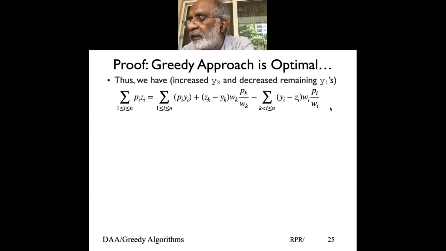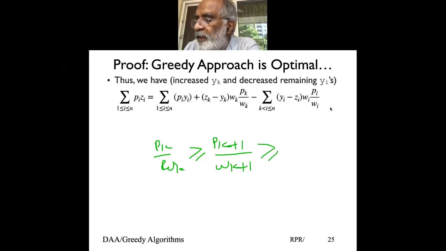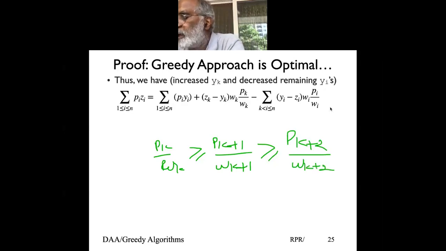Now you look at, we know that we ordered pk by wk is greater than or equal to pk plus 1 by wk plus 1, is greater than or equal to pk plus 2 upon wk plus 2, and so on and so forth. That means this quantity which is greater than k, these quantities are less than this.